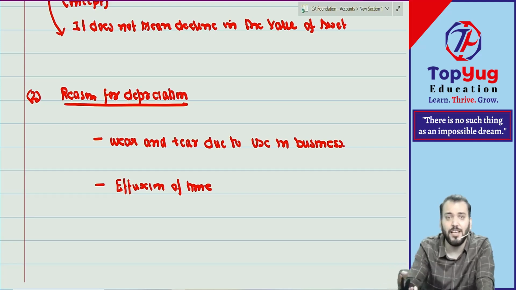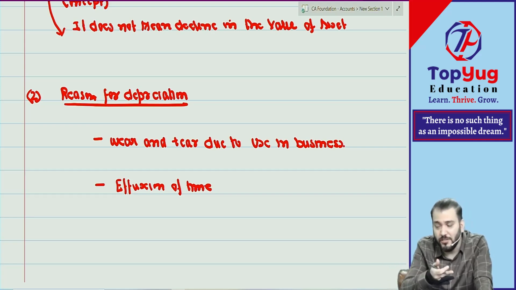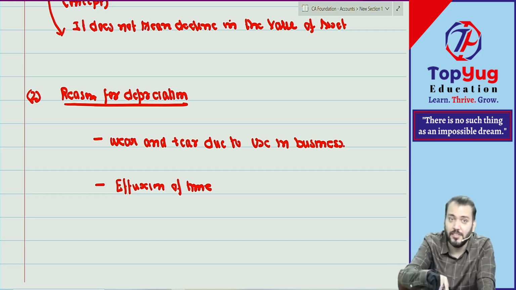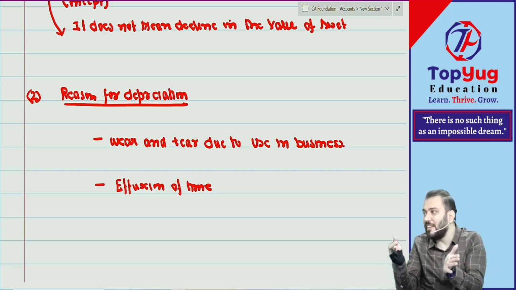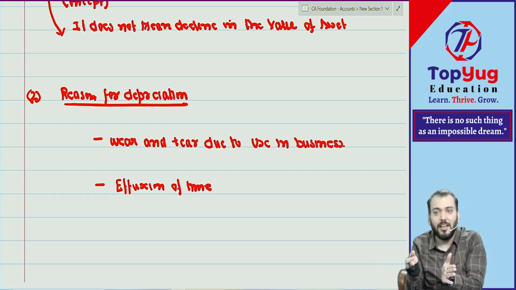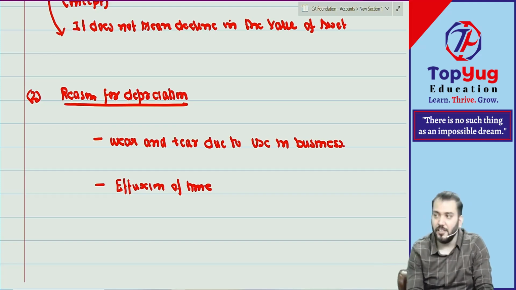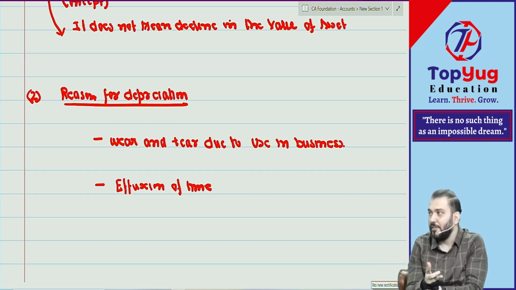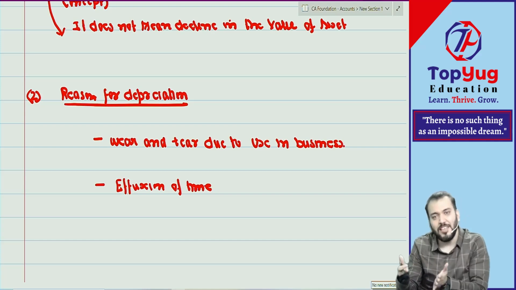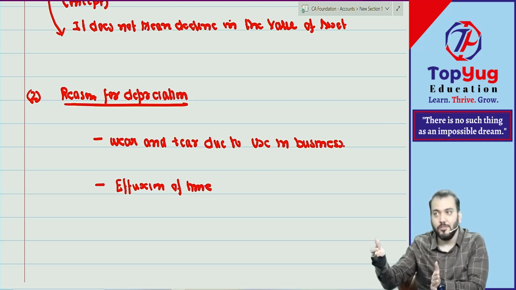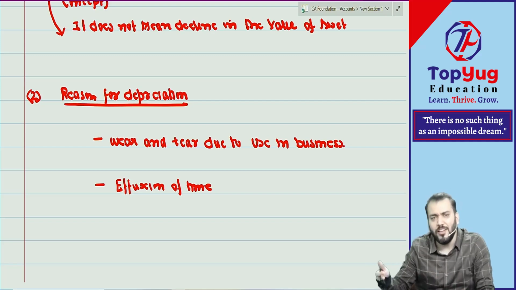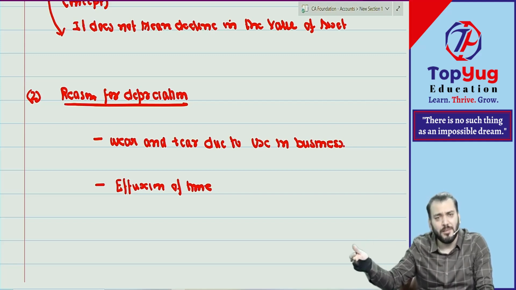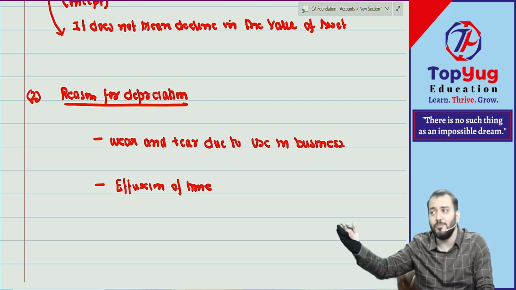Even though you are not using the asset, meaning it was to be used but you have not used it, its life will still get over. For example, human beings have a limited life. Suppose you started Foundation today. You need to become a CA in 4 years. That is the minimum time, but there is a maximum time also. If you are not becoming a CA in 4 years, then you take 5 years, 6 years, 7, 8, 9, 10 years. Suppose you become a CA in the 10th year.